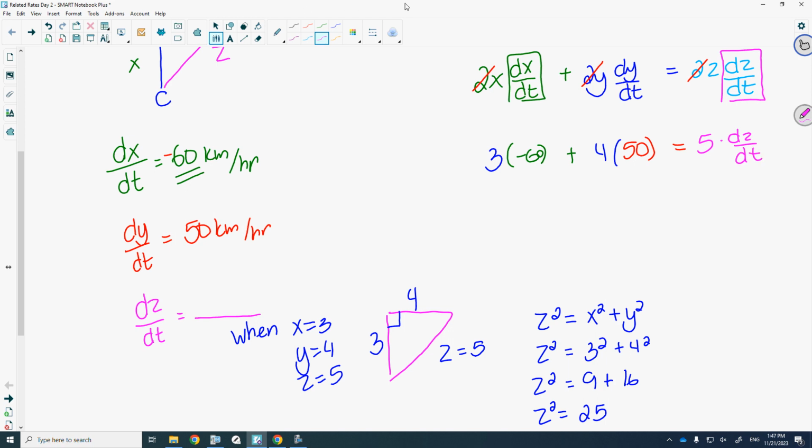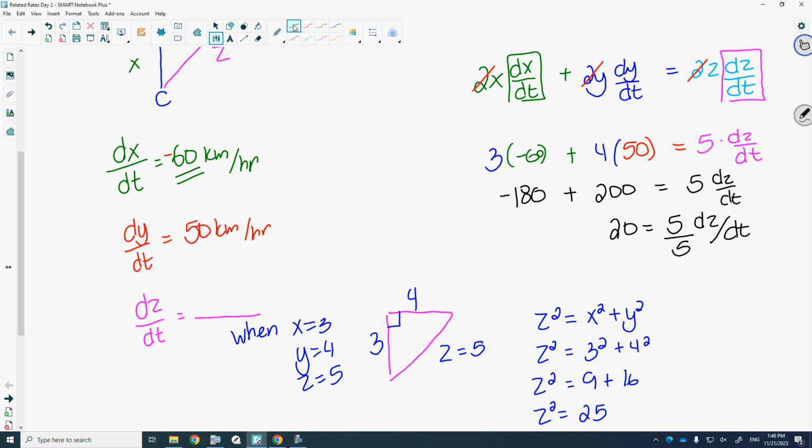So 3 times negative 60 is negative 180 plus 200 is equal to 5 dz dt. Negative 180 plus 200 is 20, is equal to 5 dz over dt. Divide both sides by 5. And we are going to get dz over dt is equal to 4.